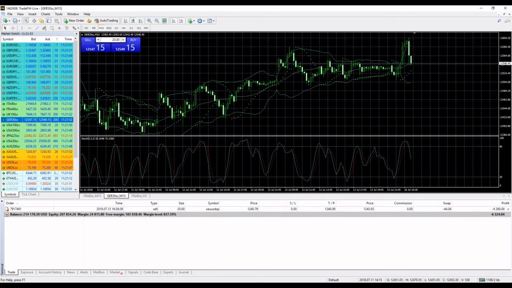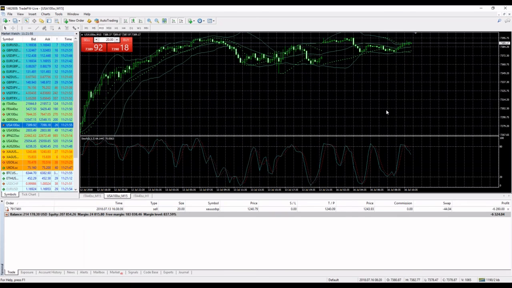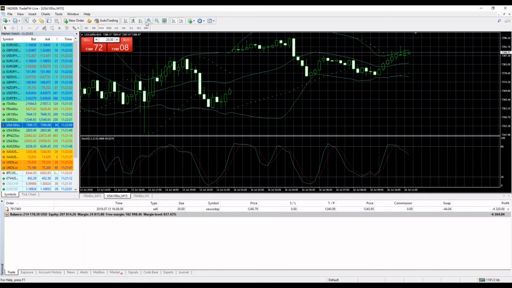Still to go. Let's have a look at the US indices. As you know, during the opening, we will trade the US indices. Let's have a look how they look right now, if there is something we can do.